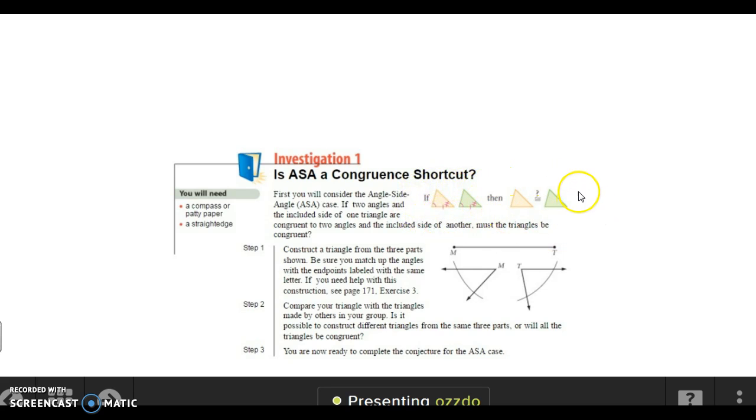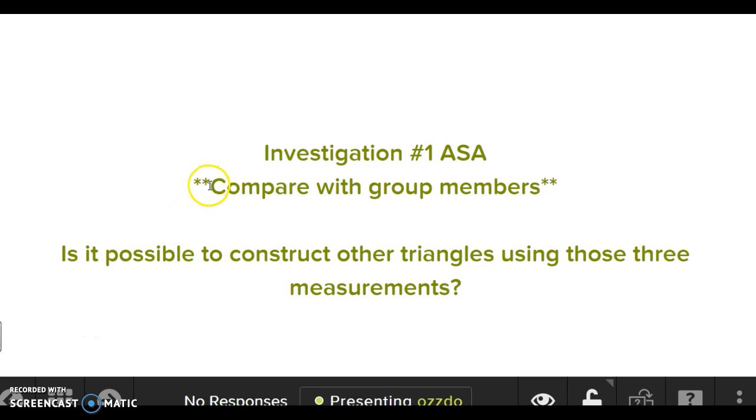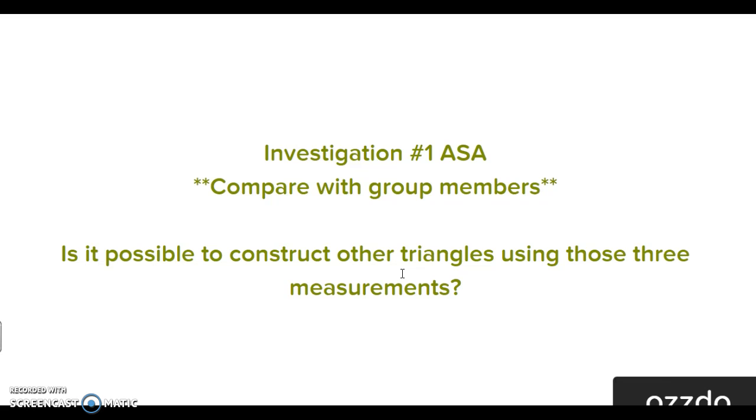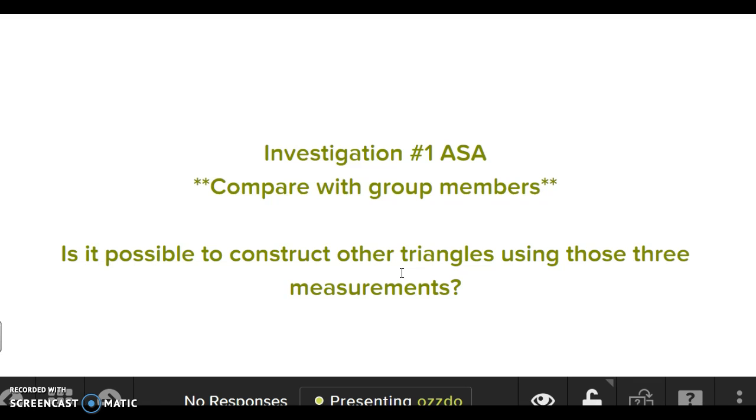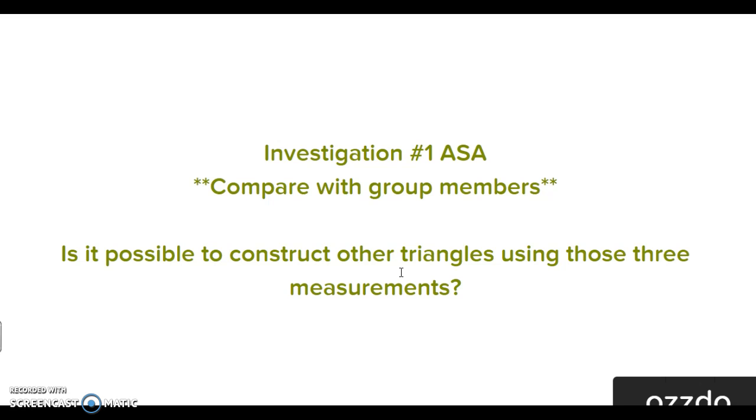Would the whole triangle be congruent? Again, compare with your group members. Did you all get the same triangle, or did you come up with different triangles? If you came up with different triangles, then it does not work. If you came up with the same, then it works. Pause the video, complete investigation 1.